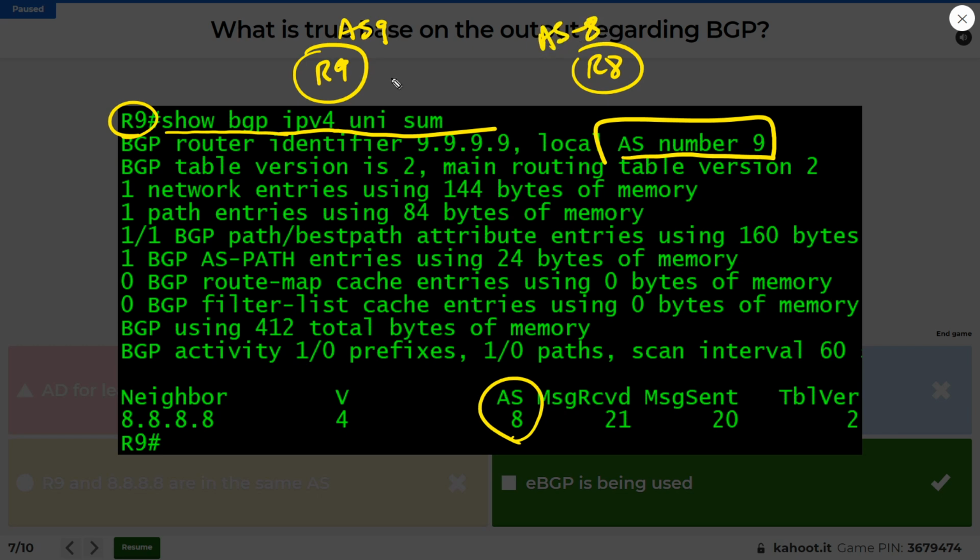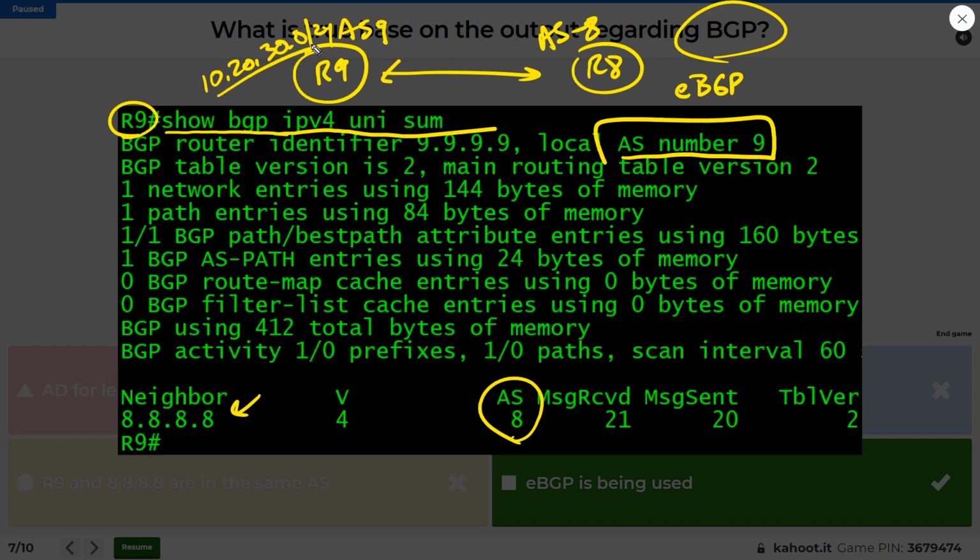Now, if you have two routers that are neighboring with each other, and based on this output they are in different autonomous systems, that makes them external BGP neighbors. The reason that matters is that if we learn a route, let's imagine R9 has the network 10.20.30.0 with the 24-bit mask.